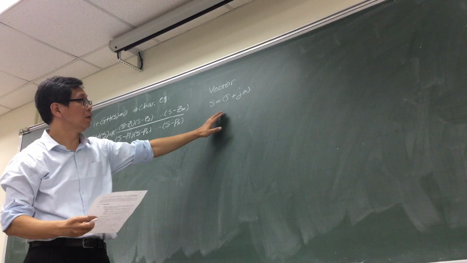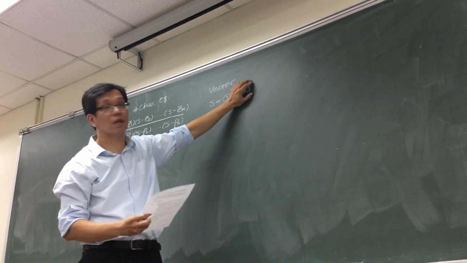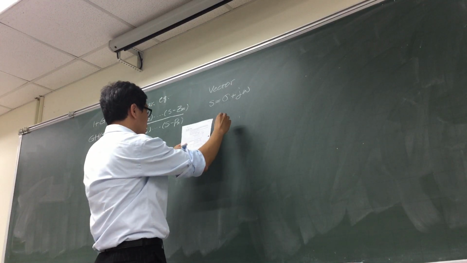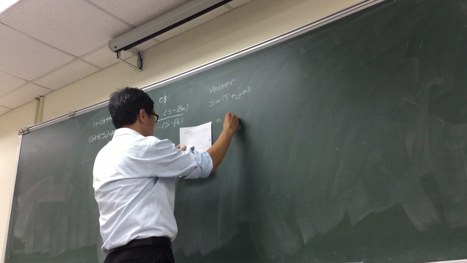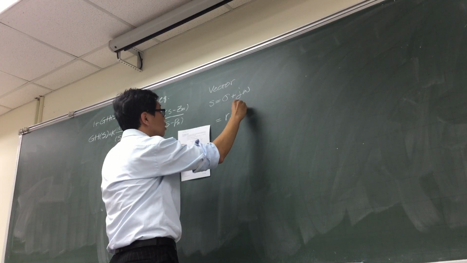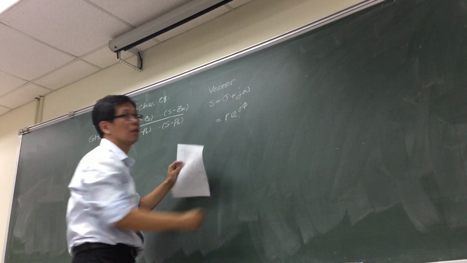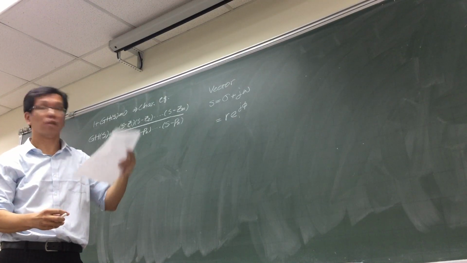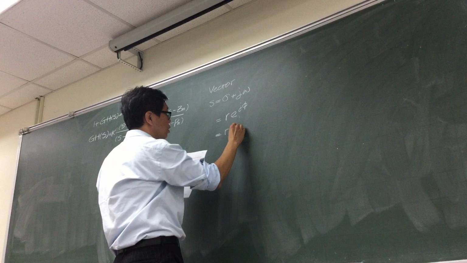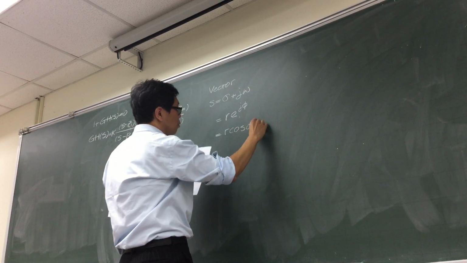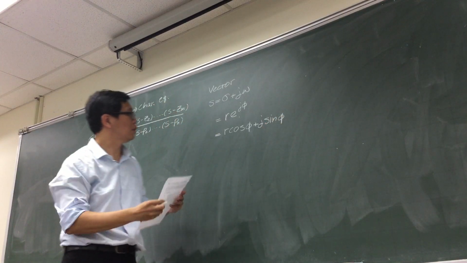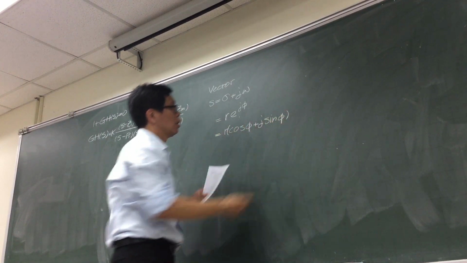If you have a first order equation, this one is going to be 0, but everything remains the same. Or this one over here is going to be R e^(jφ). Or in other words, it's going to be R cosine phi plus j sine phi. It doesn't matter what you do, it's going to be the same.